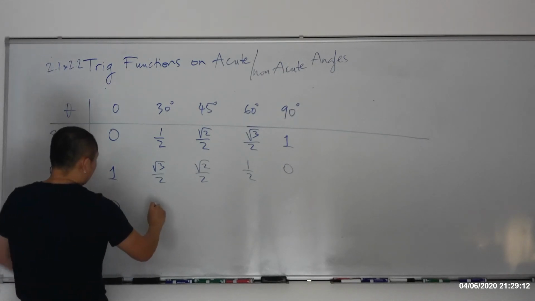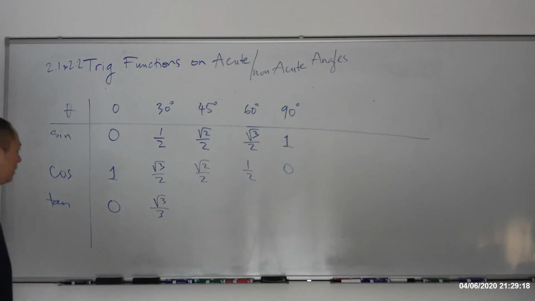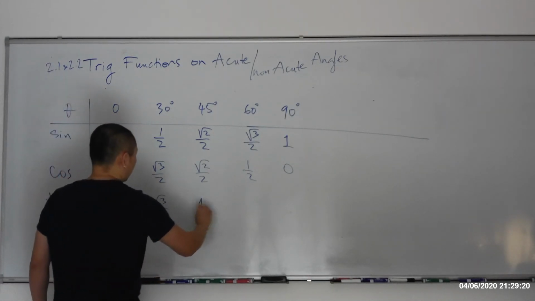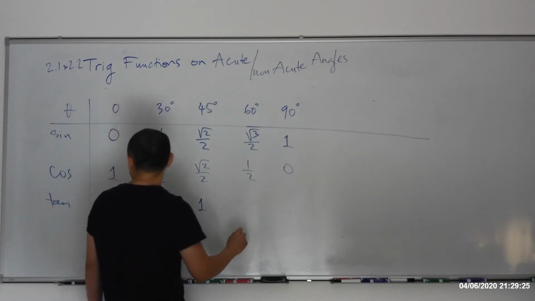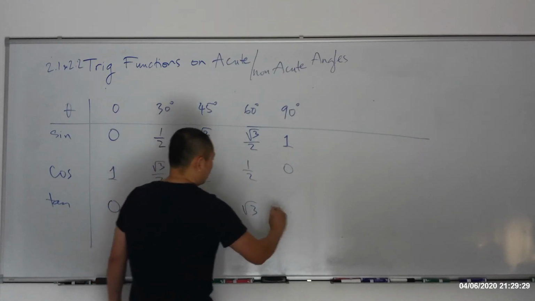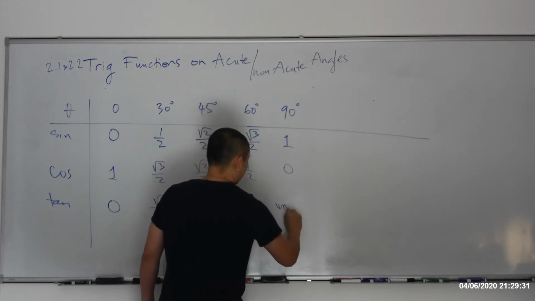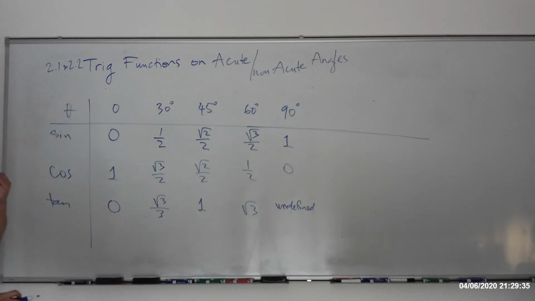This is 1 over root 3. Well, let's write it this way, root 3 over 3. We try to rationalize the denominator. And this one is 45 degrees. Tangent is 1. And then what? Sine over cosine in here is going to be root 3, and this is undefined. Okay, tangent of 90 degrees is undefined.